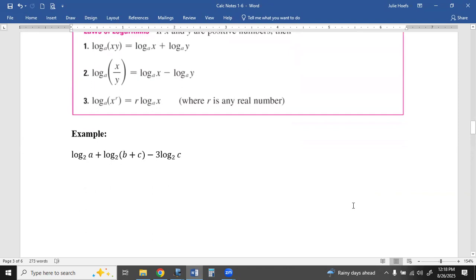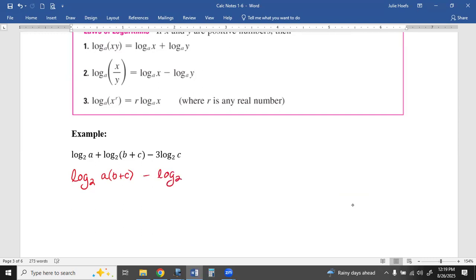So if I want to simplify this, get it to a single logarithm, those laws work the other way as well, right? So if this is log base 2 of a plus log base 2 of b plus c, then it's the same as having log of a times bc, right? We multiply those two because it was added. And then, well, we're going to do this in steps.